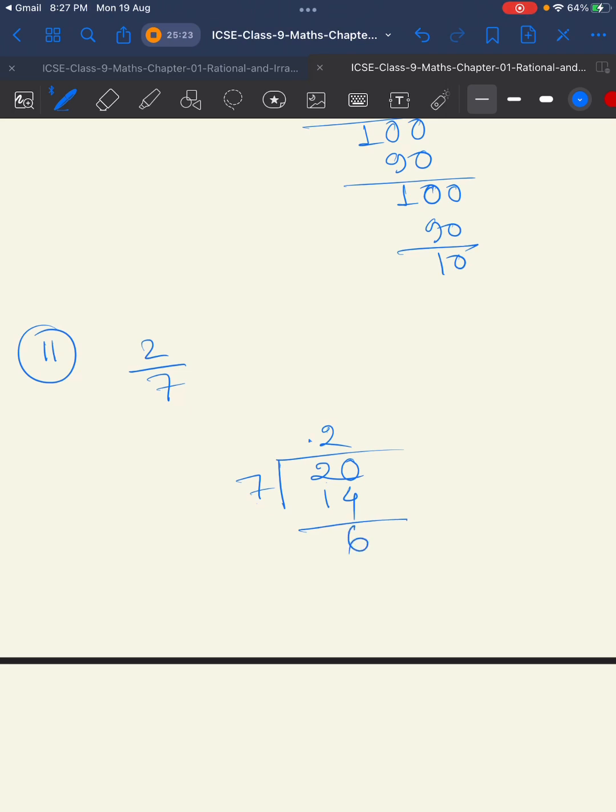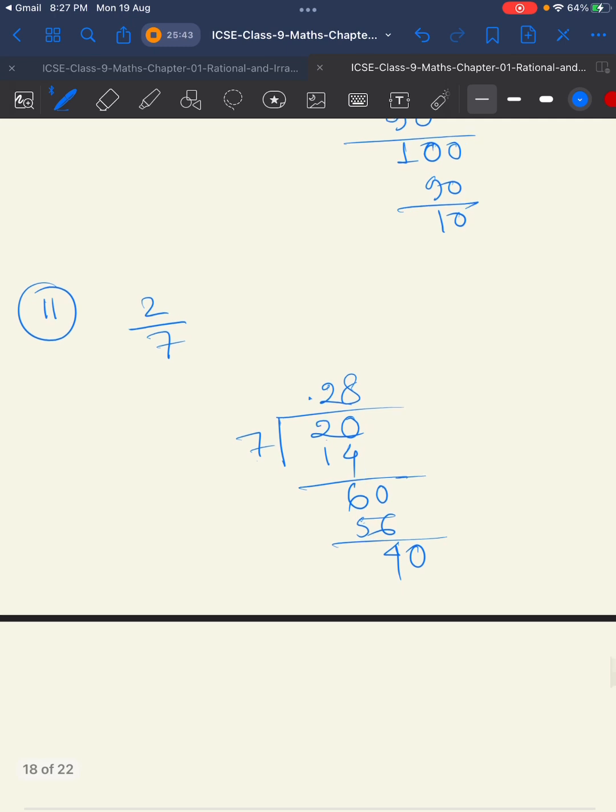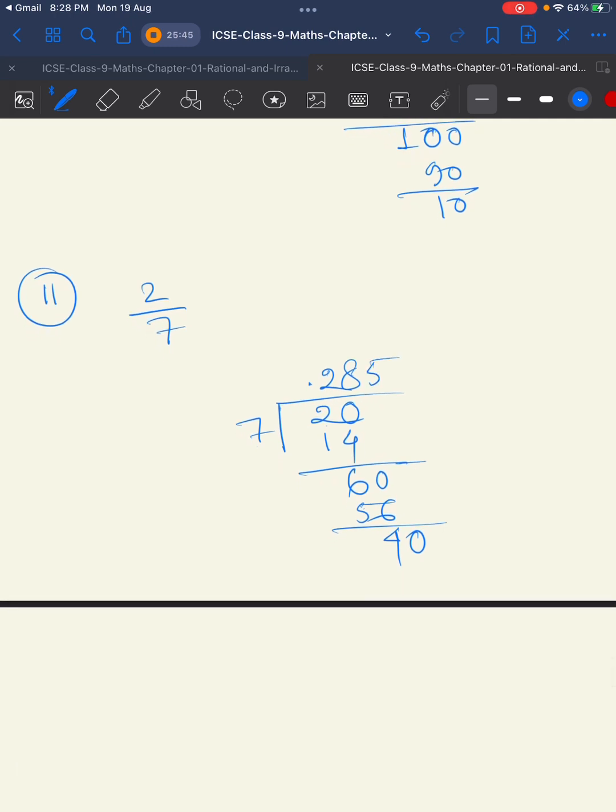Now we have 6. 6 is lesser than 7, so for the point we have 0. Now 7 8s are 56. Now we have 4 and here 0.